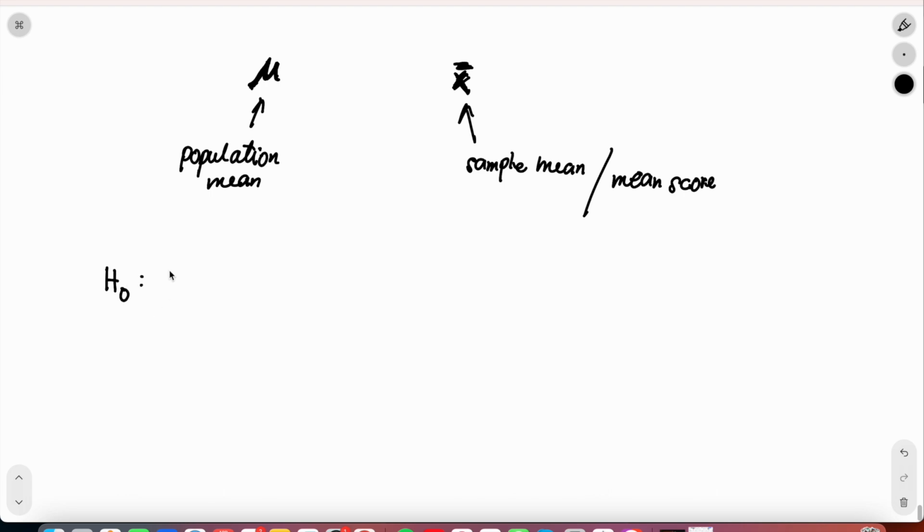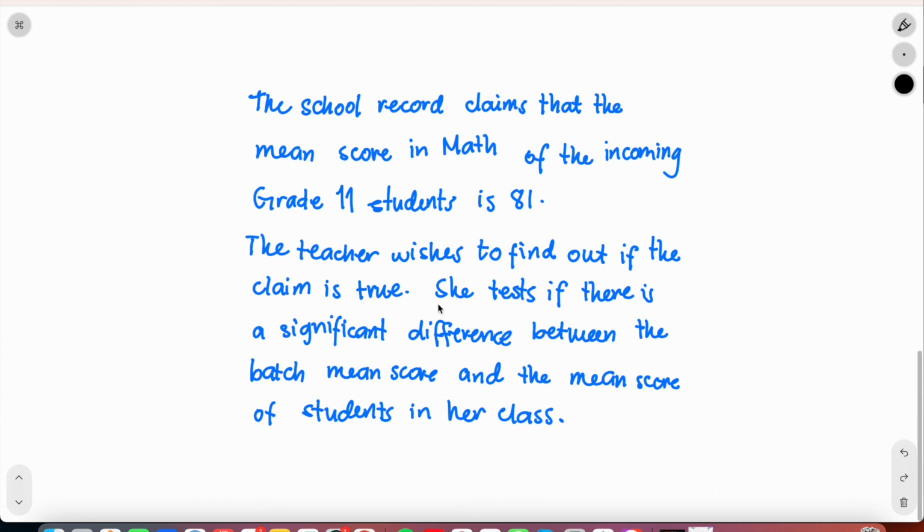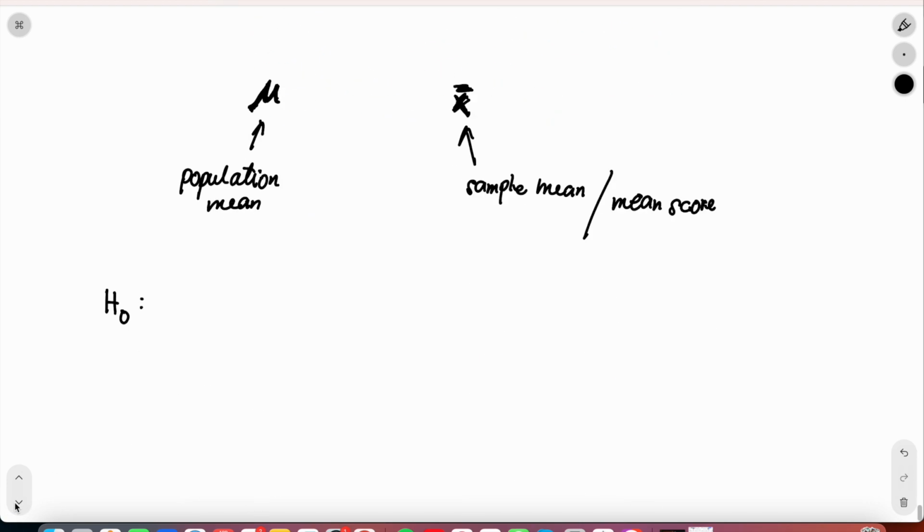So previously we talked about the null hypothesis being the initial claim. The initial claim is that there's no significant difference between the population mean and the sample mean, the batch mean score and the mean score of the students in her class.